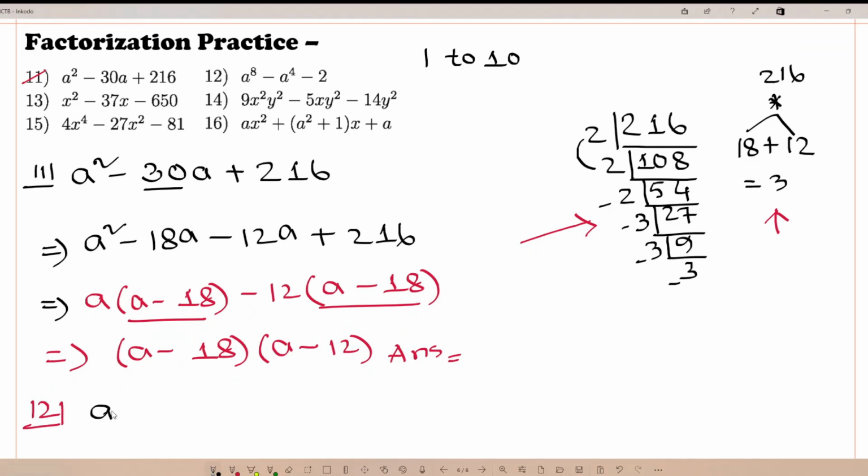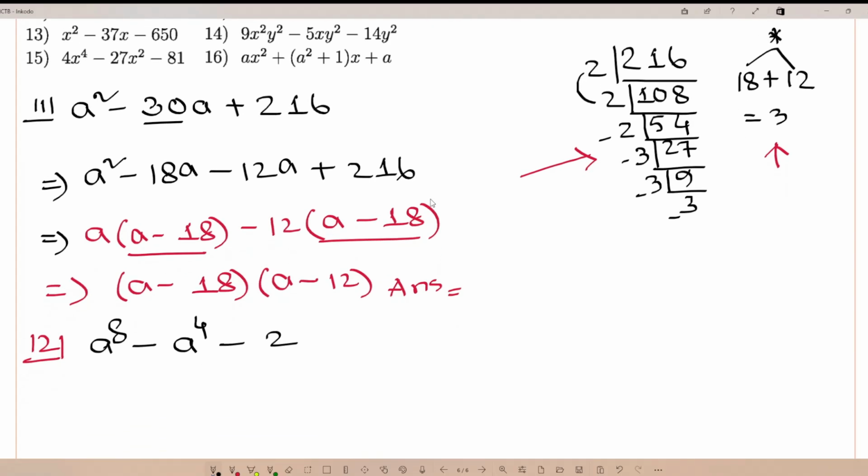Now number 12. Here is a to the power 8 minus a to the power 4 minus 2. This one is very important. What can we do? Look, here is a to the power 8 and here is a to the power 4.